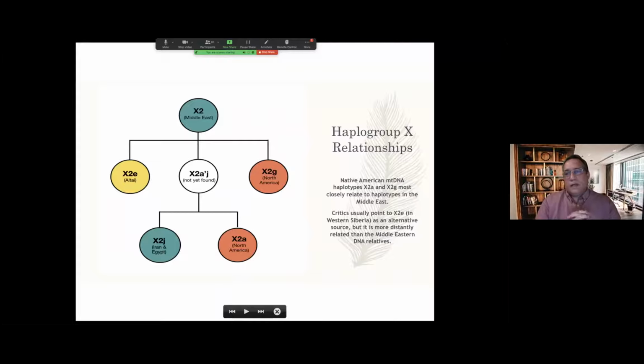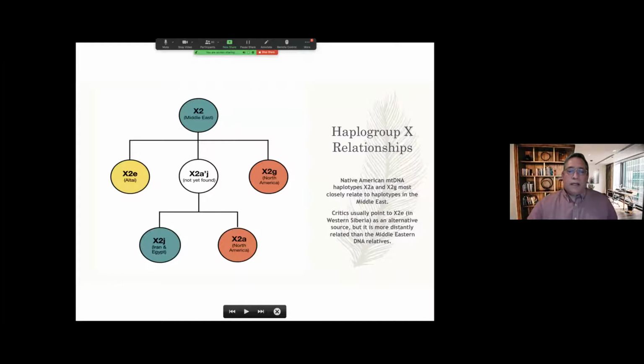Okay. All right, so I put this here to help illustrate the family tree for haplogroup X, simplified. I've colored here in red haplogroups X2A and X2G. These are what's found in North America. Both of these descend from a haplogroup X2 DNA type, which is found primarily in the Middle East.